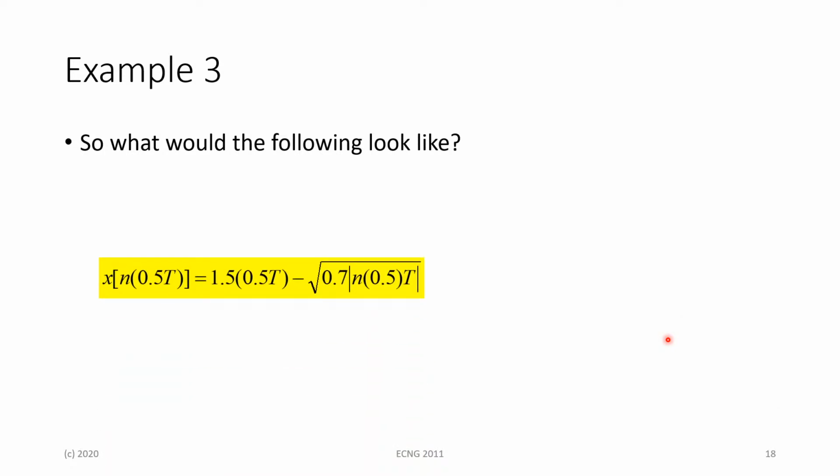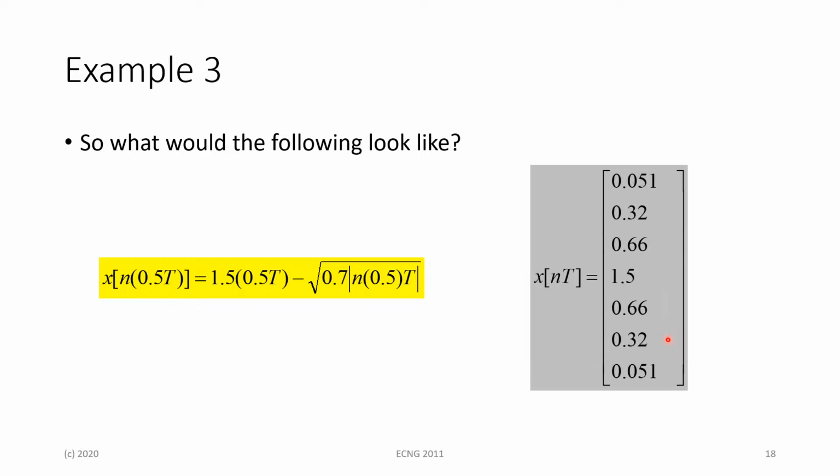However, let's say we change the factor of t to be 0.5t. Because we have on our right hand side of the equation here, we included t. This means the amplitudes here change accordingly as well. So in our previous example that we saw, there was x of nt equal to modulus of n.